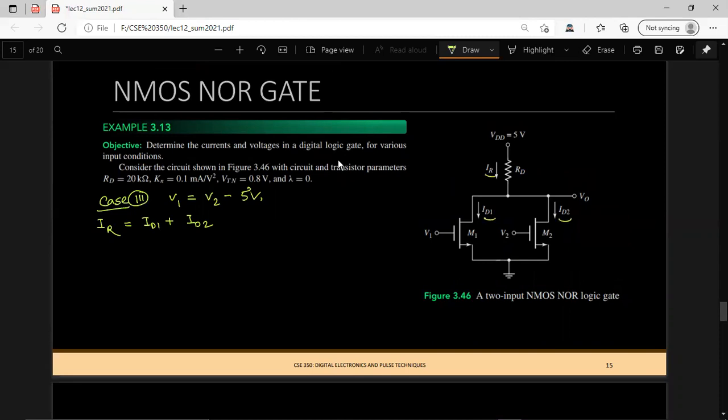So now we cannot cross out either of these transistors and calculate the whole thing.